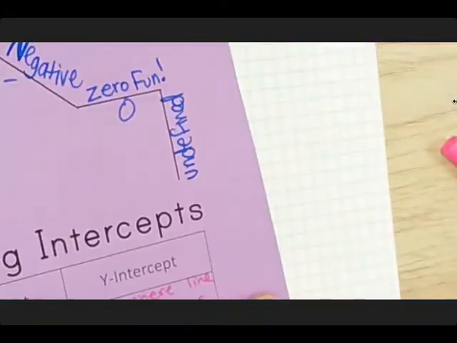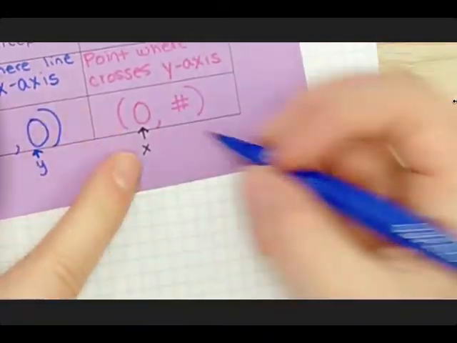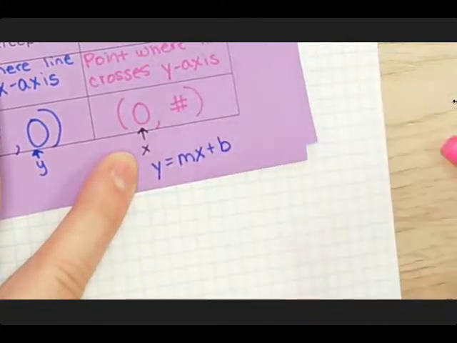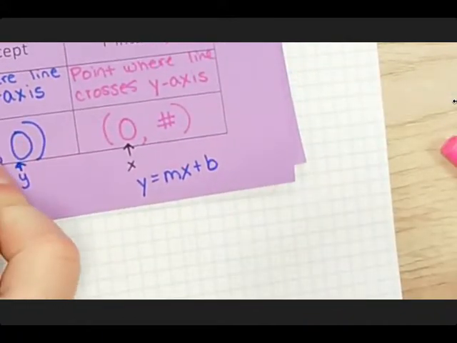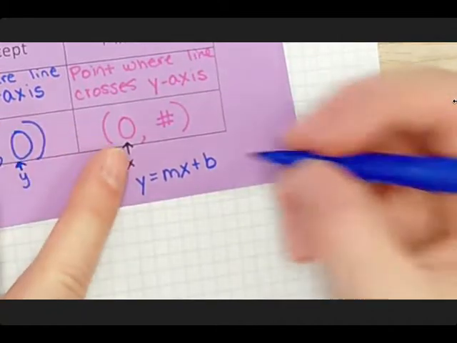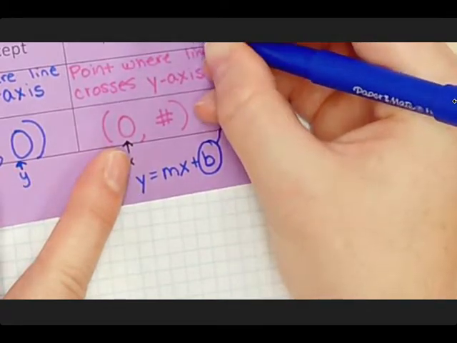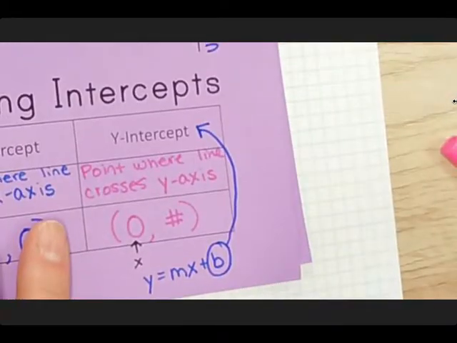Also with our y-intercept, in y equals mx plus b, we'll write that here, y equals mx plus b. The y-intercept is the b. B is your y-intercept.